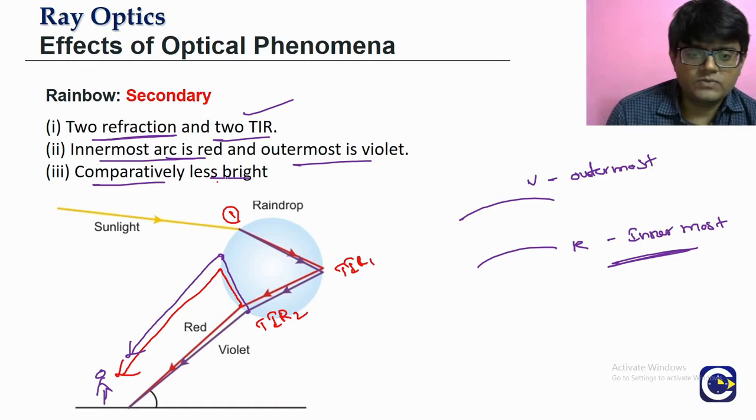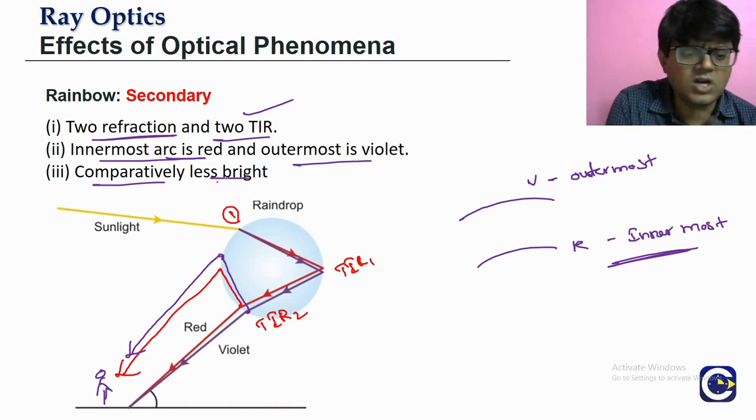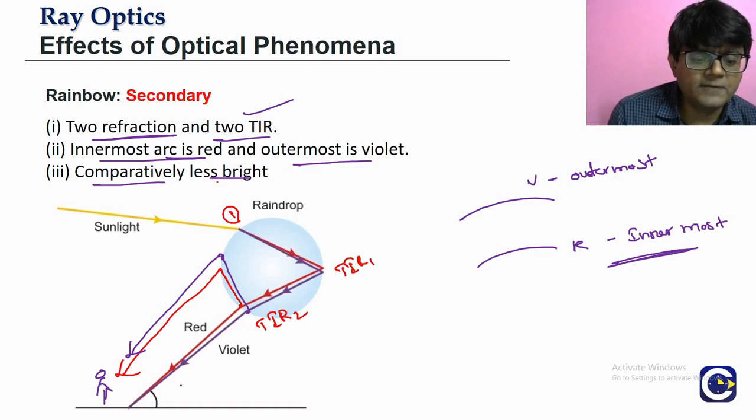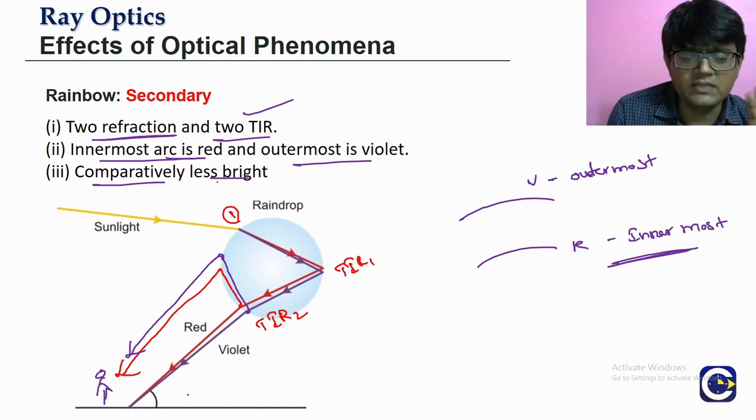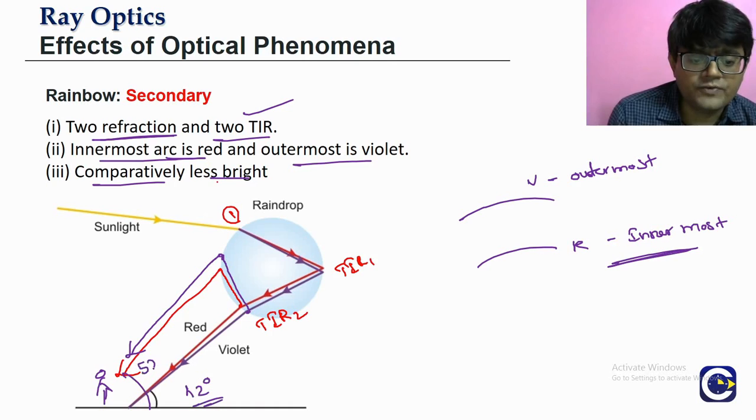primary rainbow. So this is the difference between the primary rainbow and secondary rainbow. Not only that, if you look at the angle that the rainbow is observed with respect to the horizontal, typically the primary rainbow will be somewhere around 42 degrees, and the secondary rainbow will be close to 52.